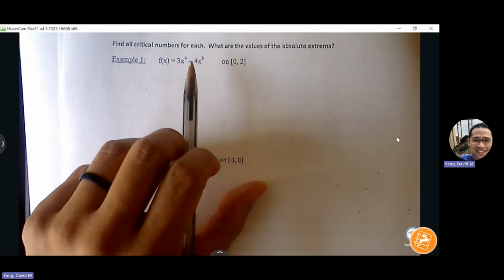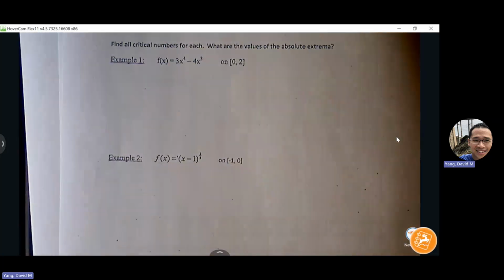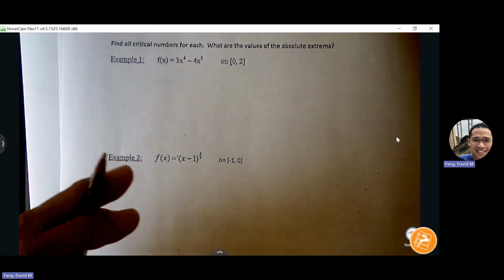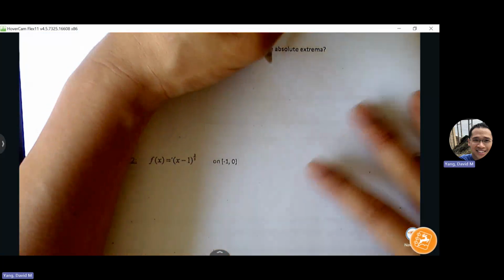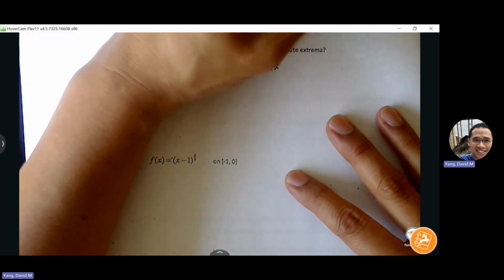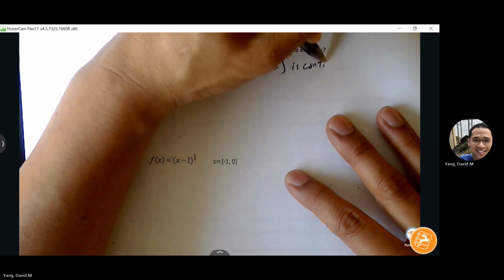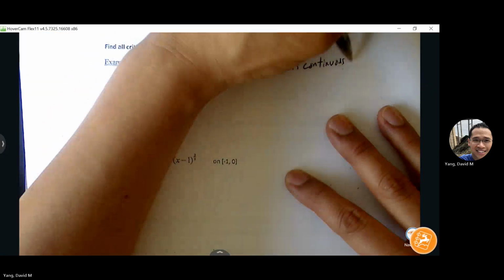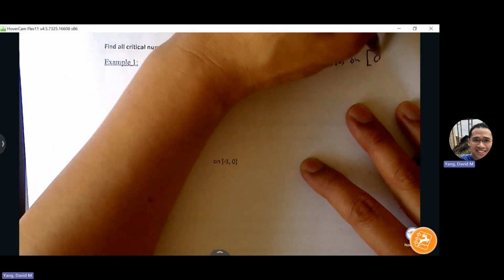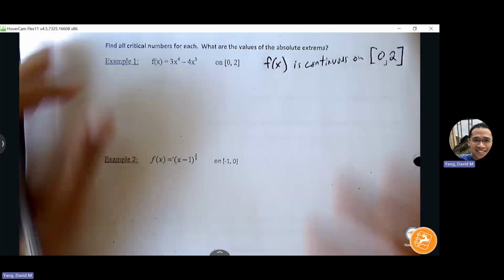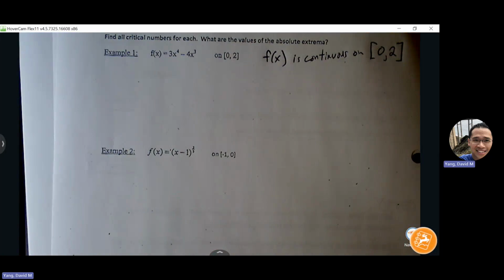It's a polynomial, so there are no holes and no breaks. We know the function is continuous everywhere, but we still have to make the claim that our function is continuous on the closed interval. Really we're only concerned about the interval, so we state that as our first step.